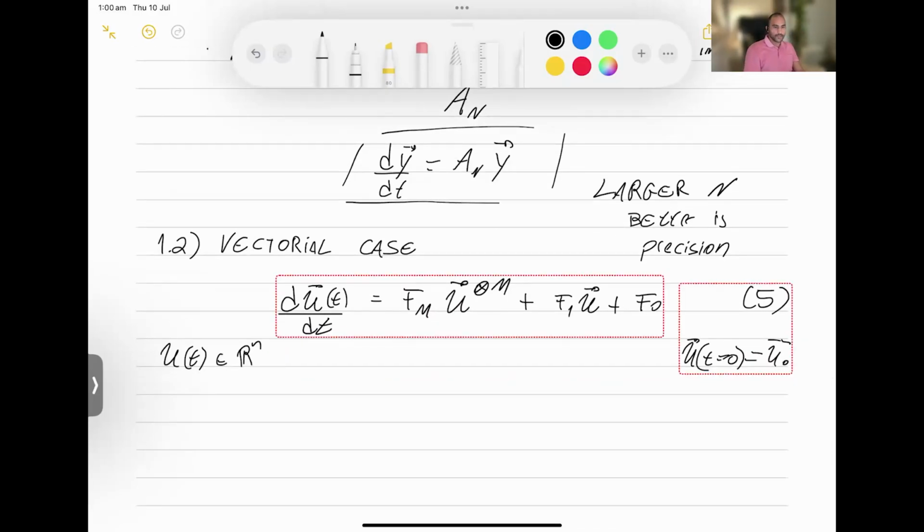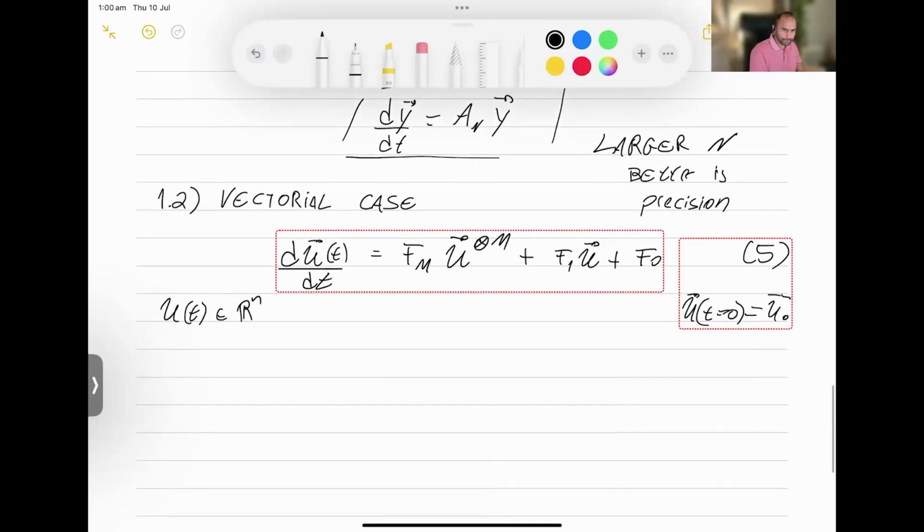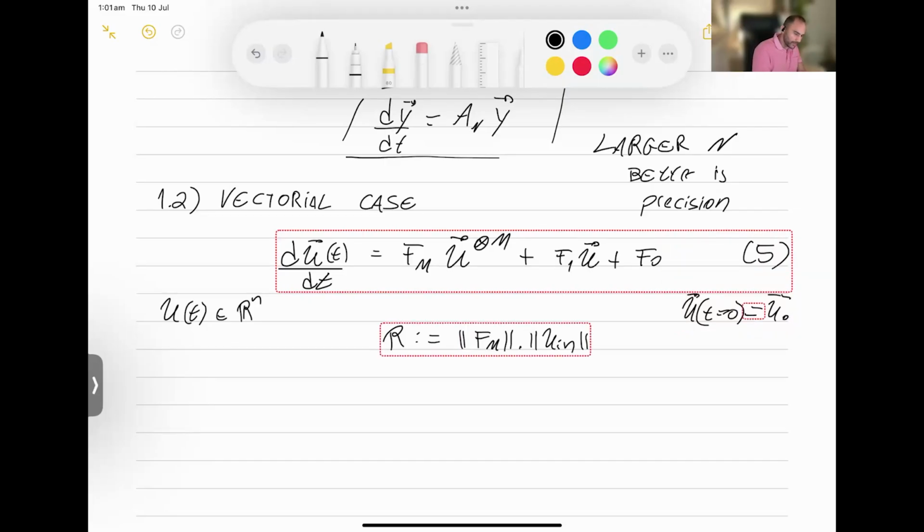Usually we're going to have some conditions, such as conditions for R, the stability that it should certify, but I'm going to show the reason for this. So for this case, u_in is actually u0, and we have the condition that the eigenvalues of the matrix F1 are negative, to certify that we have a dissipative problem.